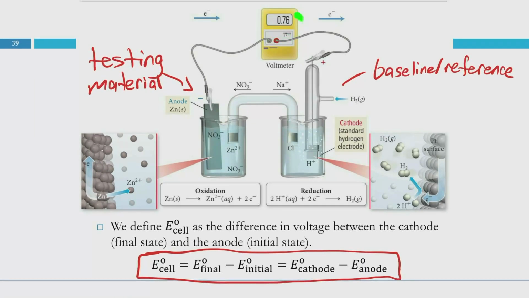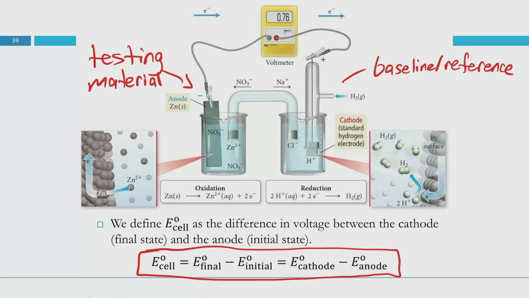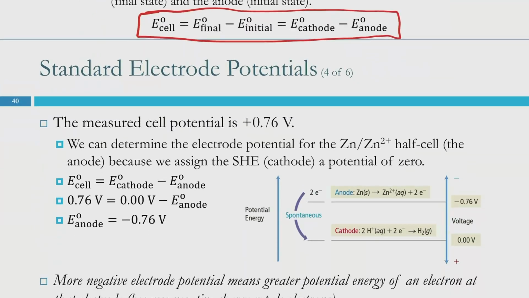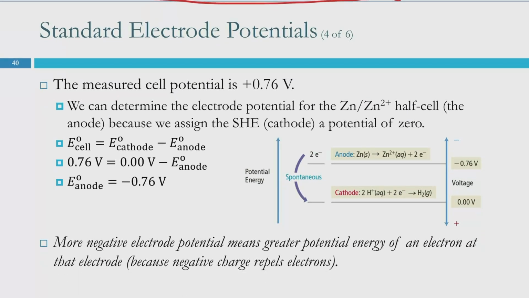In this case, we've got a value of 0.76. So our measured cell potential is 0.76. It's positive, that means it's spontaneous in that direction.